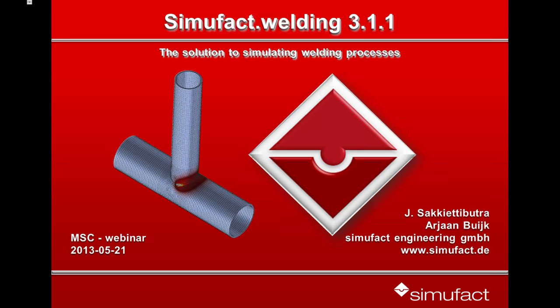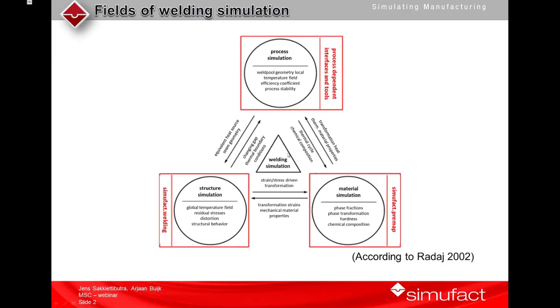So we divide welding simulation into 3 parts. On the one hand, we have the process, and there are a lot of processes. Over 100 different welding processes are recognized. So here there are a lot of different solutions for that. With Simufact welding, we focus on the structural behavior during welding.